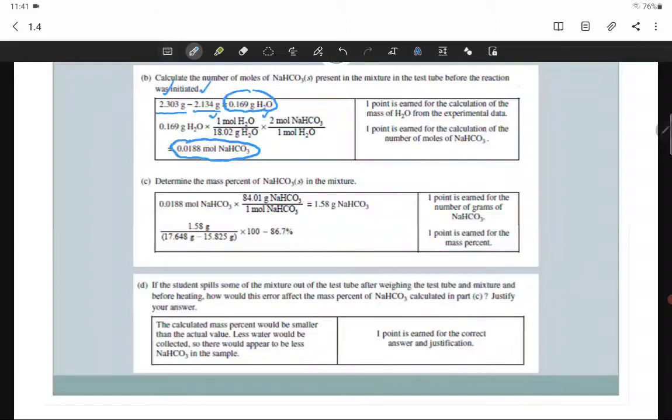So one nice thing about these answers that they give you is they tell you how they grade them. So if you were able to figure out the grams of water, you got a point. And this is the way the tests will be also, that you do some work, and if you do it right, then you get a point. If you do something else right, you get another point.